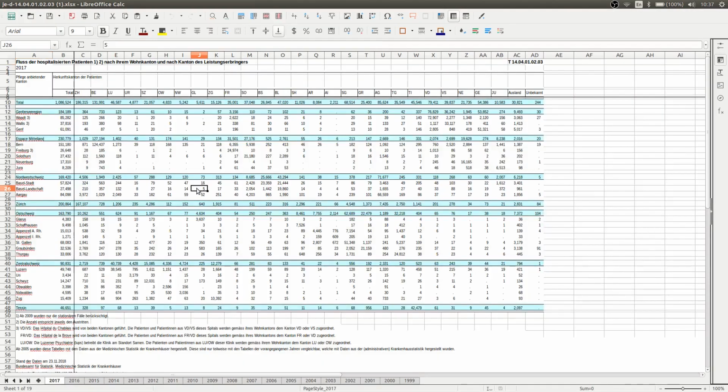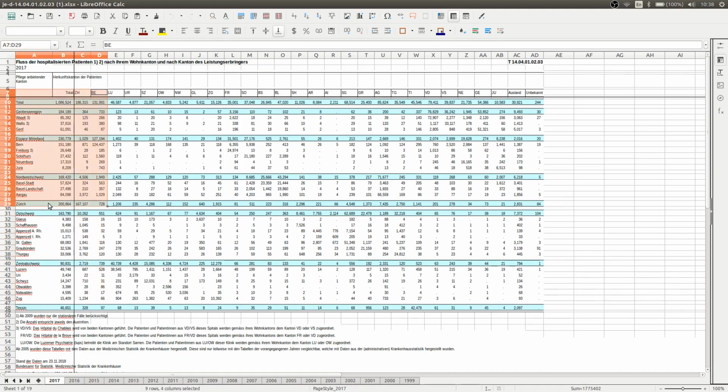You see in 2017 the origin of the patient, say a patient from Zurich: how many of these Zurich patients were treated in hospitals located in Bern, and that's a total of 871 patients or treatments treated in Bern that are residents of Zurich, as opposed to Bern residents being treated in Zurich.